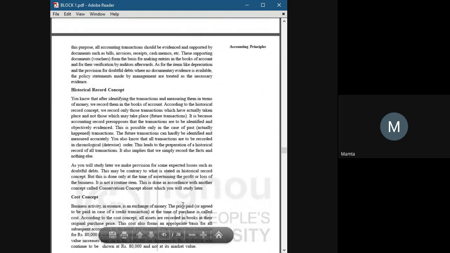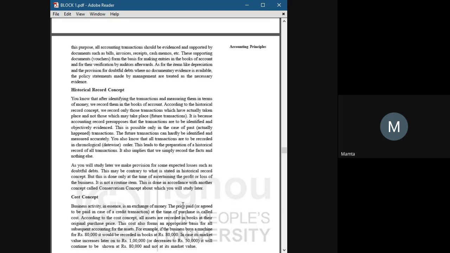Historical record concept. We record only those transactions which have actually taken place and not those which may take place. Transactions are to be recorded in chronological order. Suppose you get an order to create 50 shirts. You are in the textile business.